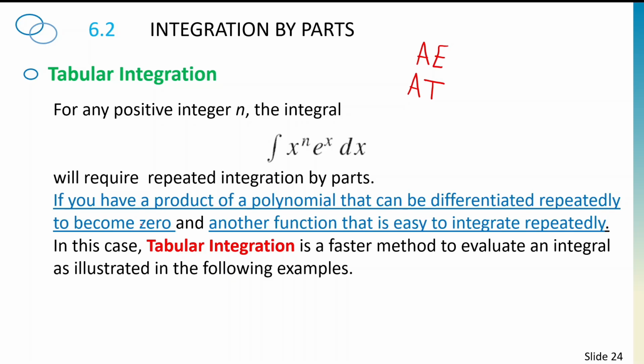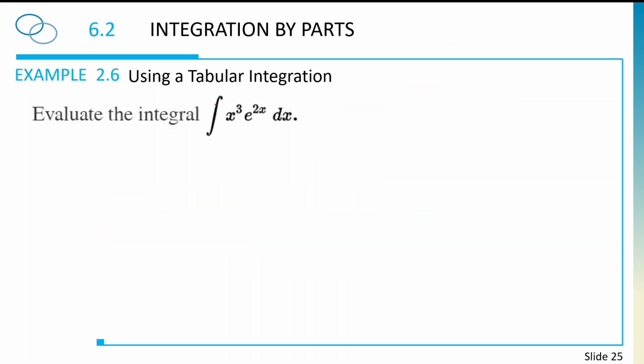Now, how can we use this method? One of the examples that I'll introduce here is this one. Basically, we have a power function and an exponential function. If I'm using the classic integration by parts, we expect to do the integration by parts 3 times.